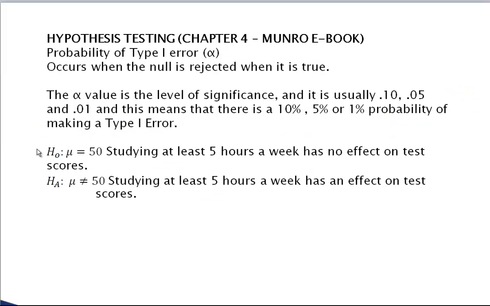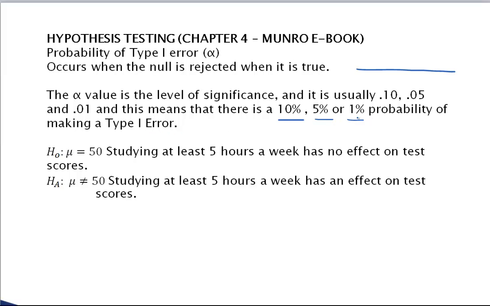All right, probability of a type 1 error, also known as the alpha value. This occurs when the null hypothesis is rejected when it is actually true. Here are the alpha levels that we've talked about, 0.10, 0.05, 0.01, and these are the probabilities of making a type 1 error.